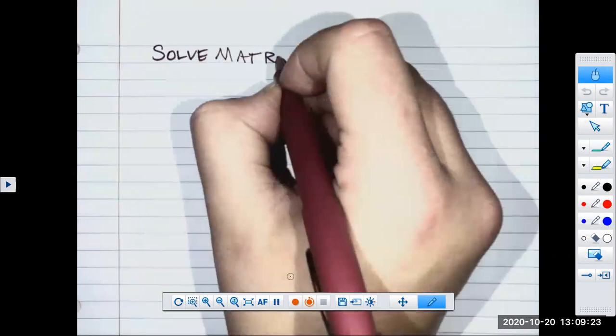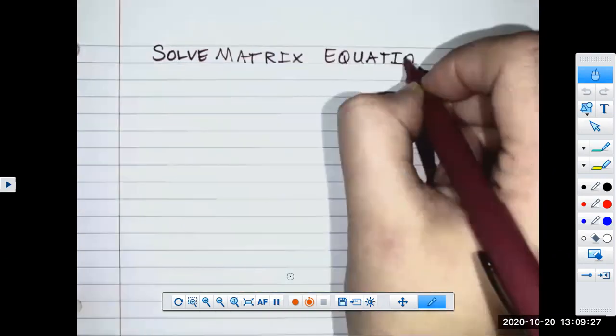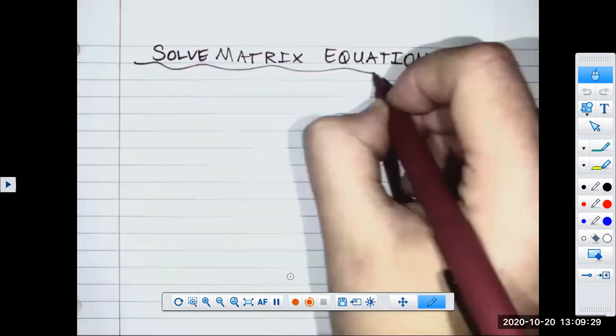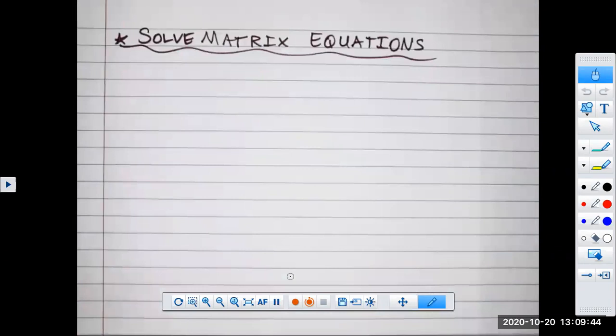All right, next, we've got 2 more small topics to talk about, and then we'll be done. In 12.1 and 12.2, we looked at how to solve matrix equations that only dealt with addition and subtraction. Today, you're going to have to find an inverse, then multiply.